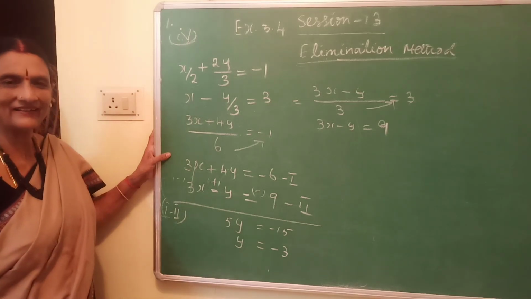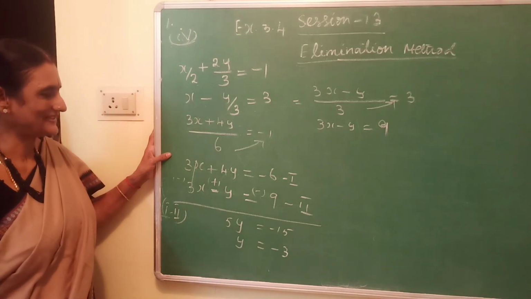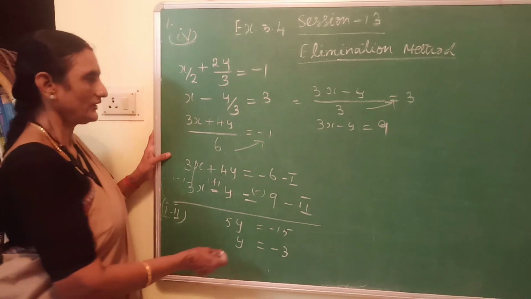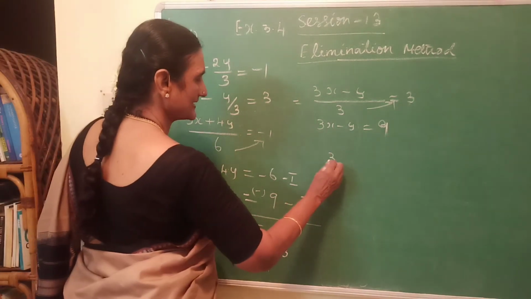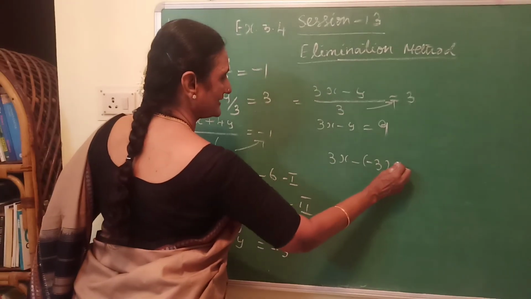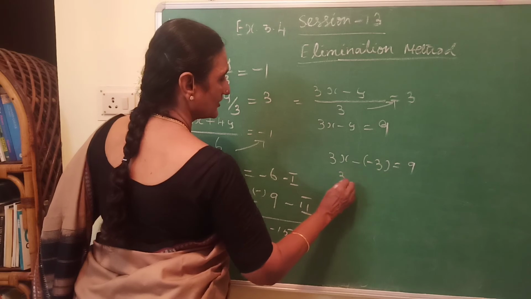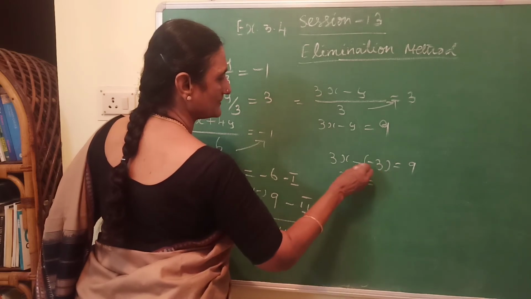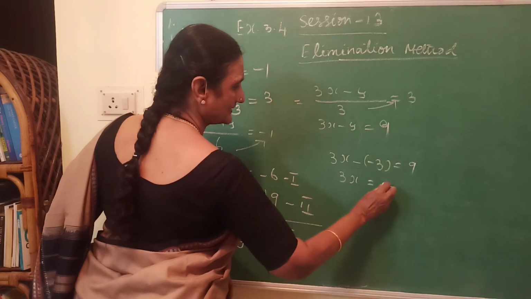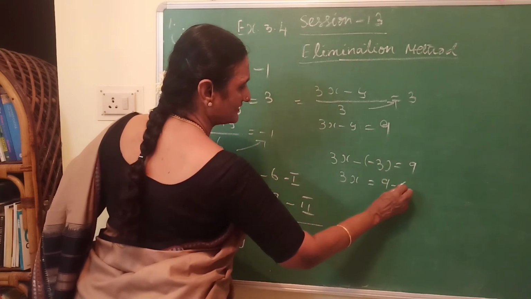Are you understanding? If y is equal to minus 3, substitute in any one of these equations, you will get 3x minus of minus 3 is equal to 9. So 3x is equal to, this becomes what? Plus 3. Isn't it? So that plus 3 goes to the other side with a negative sign.